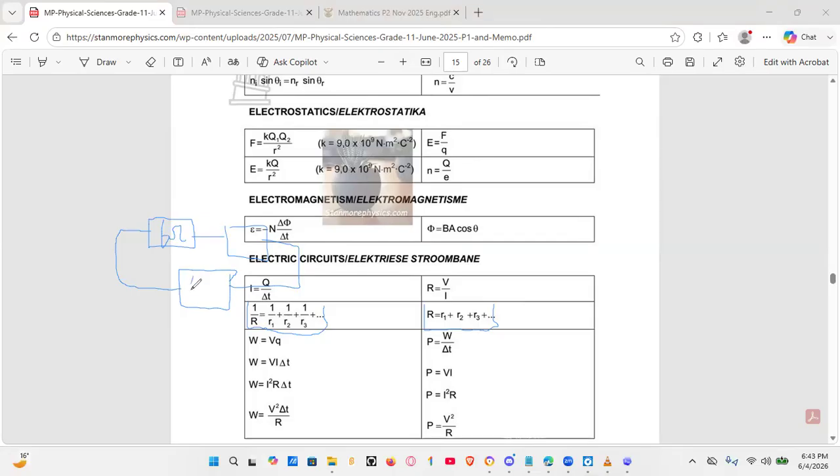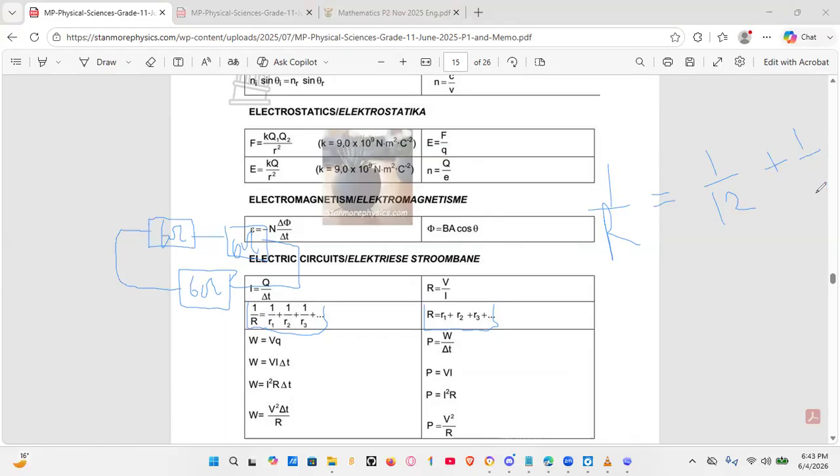I would use the parallel one, 6 ohm. Yes, and you're gonna add those two at the top, right? Yes. So you'll get 1 over R is 1 over 12 plus 1 over 6. Then tell me what the value of R is.